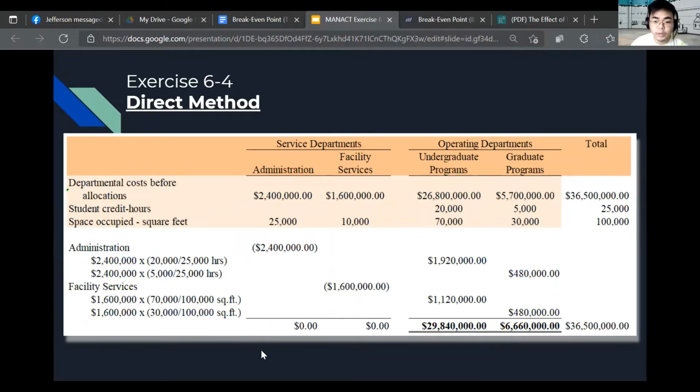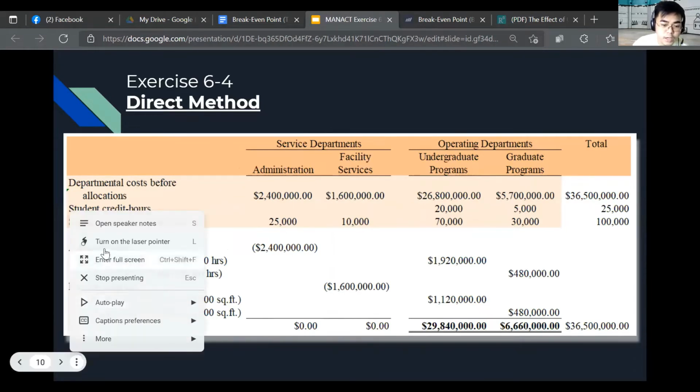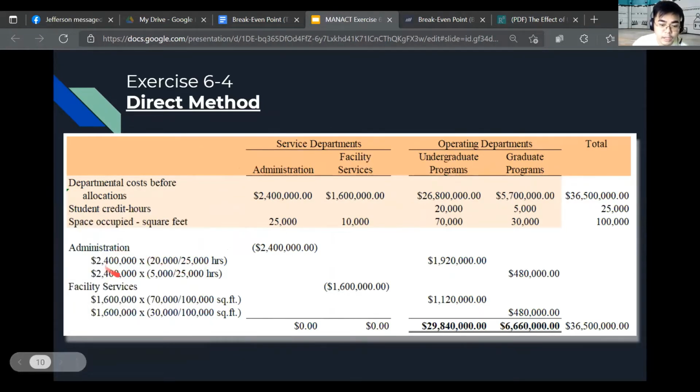So in order to allocate for the direct method, we first do the administration cost, which is 2,400,000. We just use this formula to show how we got the items. To allocate first the administration cost to the two operating departments, we start with the undergraduate program.